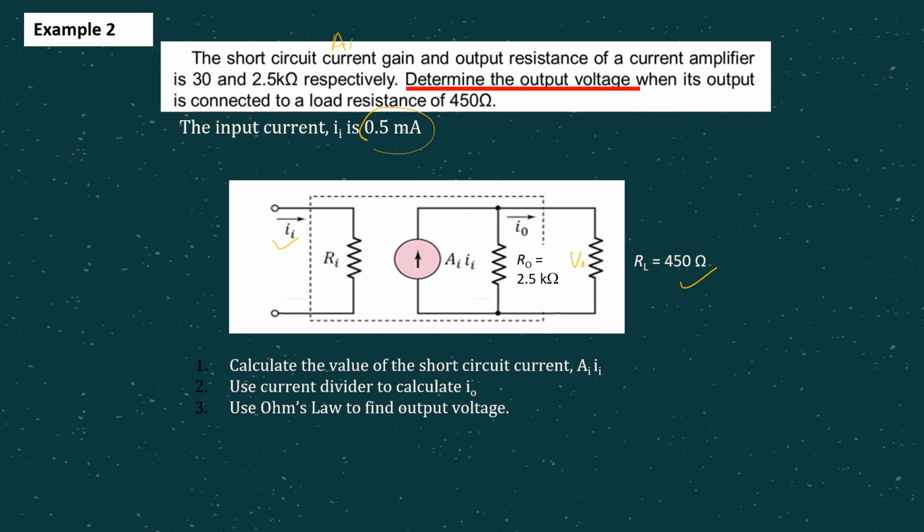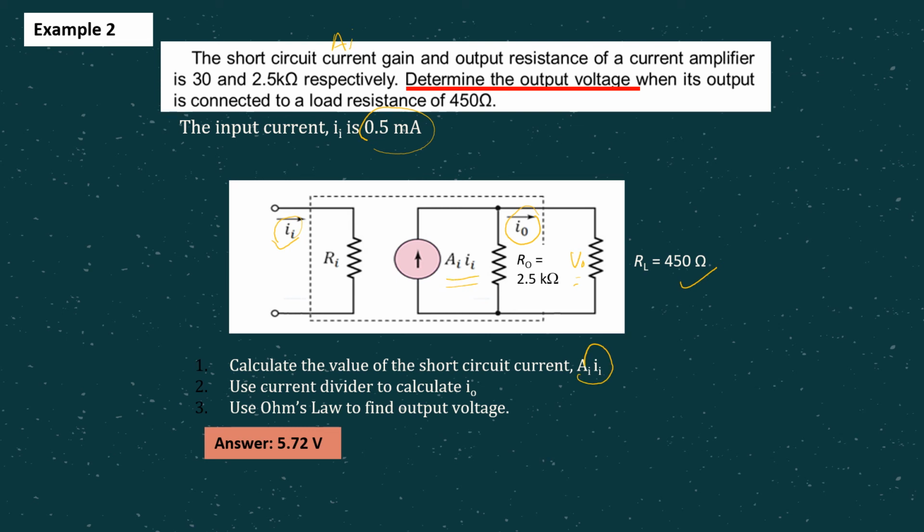In order for us to find V0, because RL is given, it means that we have to find I0, which is the output current. In this case, II is given, remember. So what you can do is first calculate the value of AIII, this one.